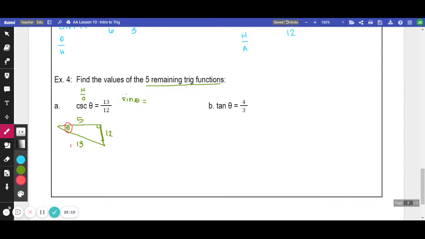So 13 is hypotenuse, 12 is opposite, and 5 is adjacent. If you have trouble labeling those, make sure you grab me in class. So sine, SOHCAHTOA, is opposite 12 over hypotenuse 13.